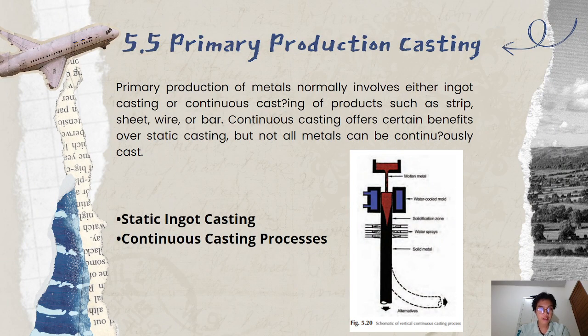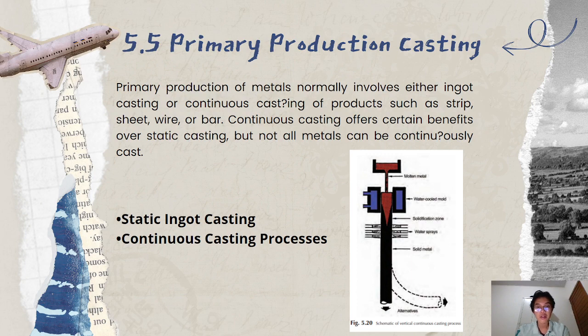In 5.5, primary production casting, primary production of metal normally involves either ingot casting or continuous casting of products such as strip, sheet, wire, or bar. Continuous casting offers a benefit over static casting, but not all metal can be continuously cast.